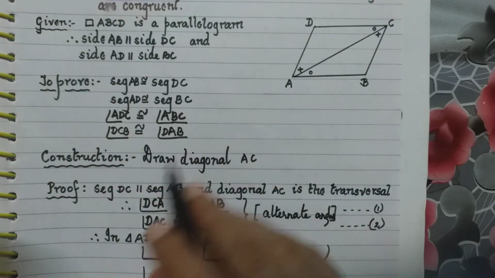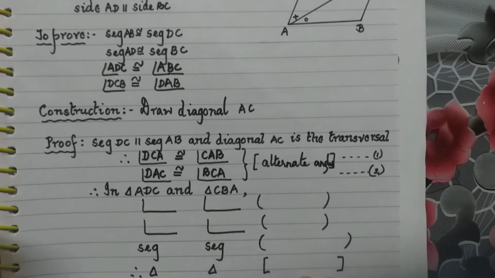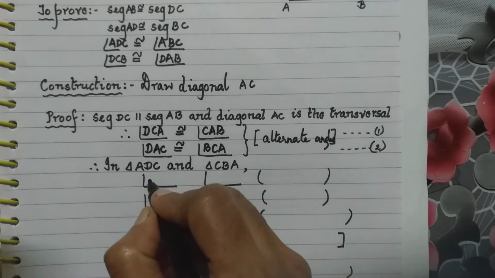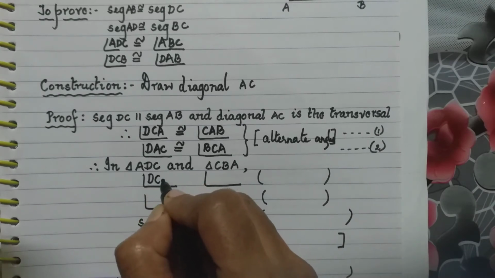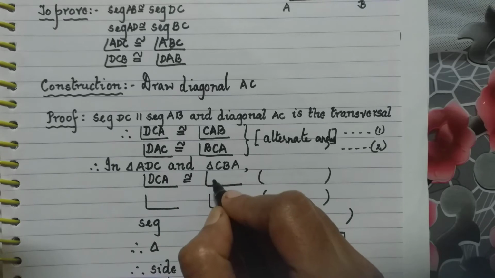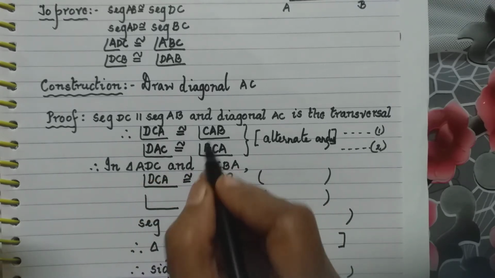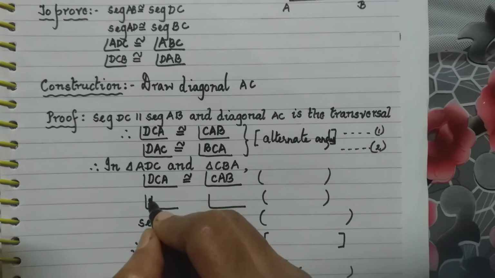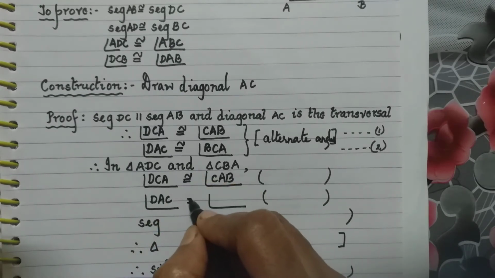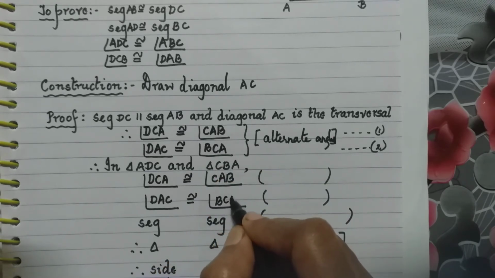Already we have written these two pairs of alternate angles. Let me write them again here. Angle DCA is congruent to angle CAB, and the second pair, angle DAC, is congruent to angle BCA.